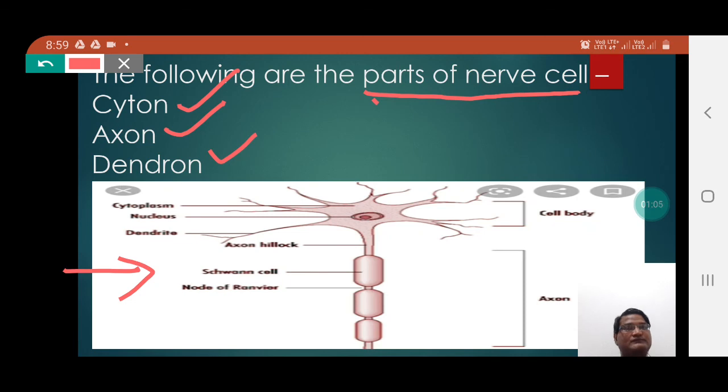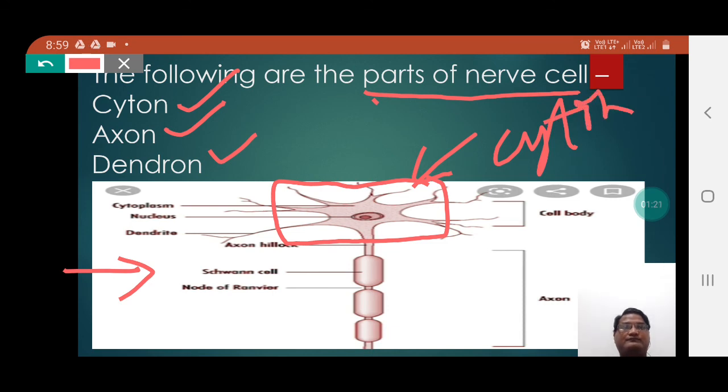Students, in this diagram we can observe the widest part of the nerve cell, and this is called cyton.